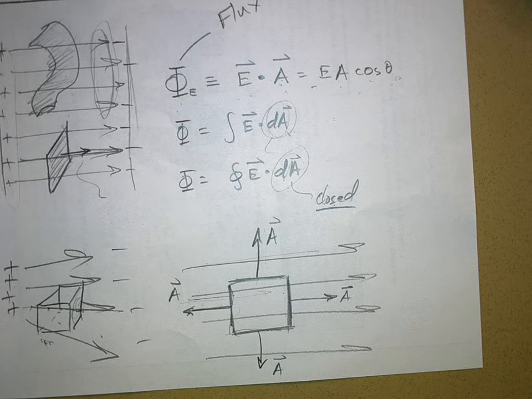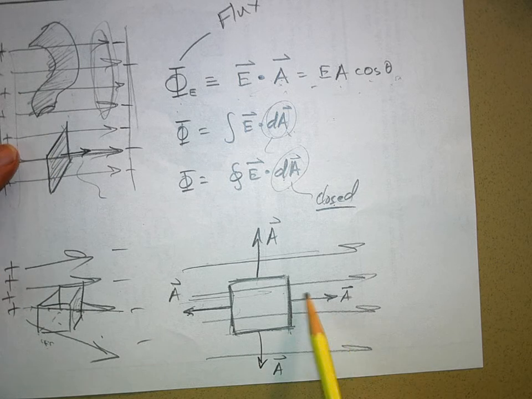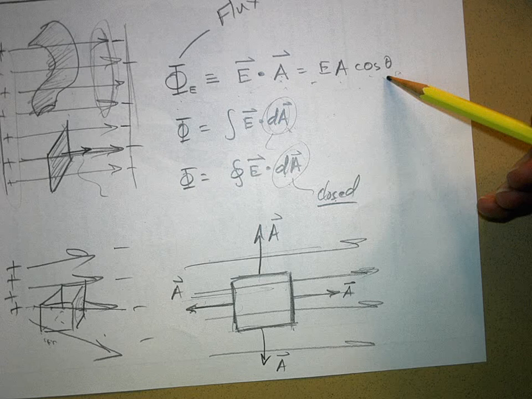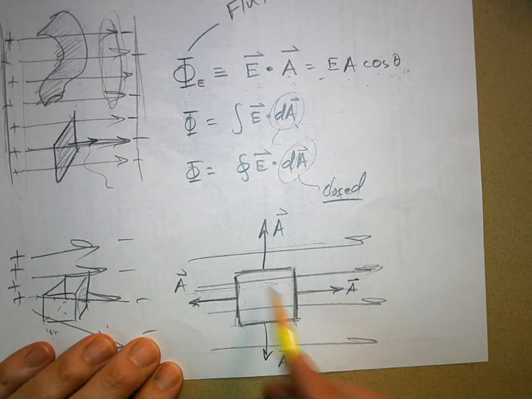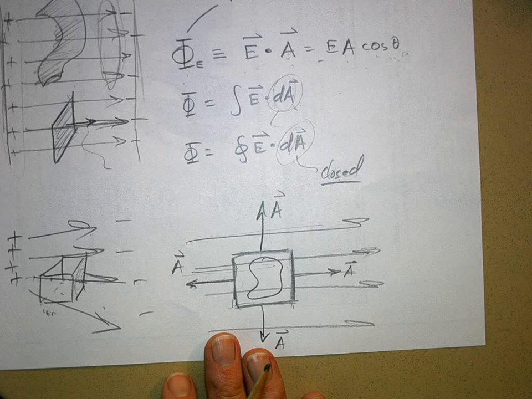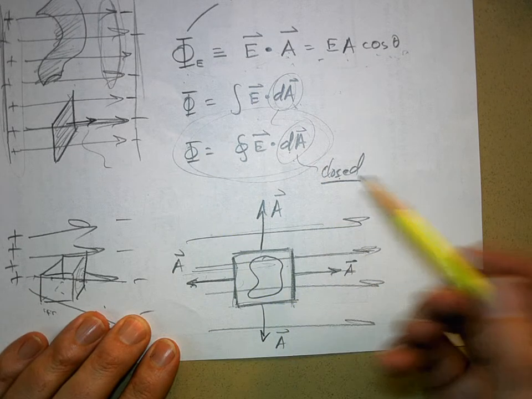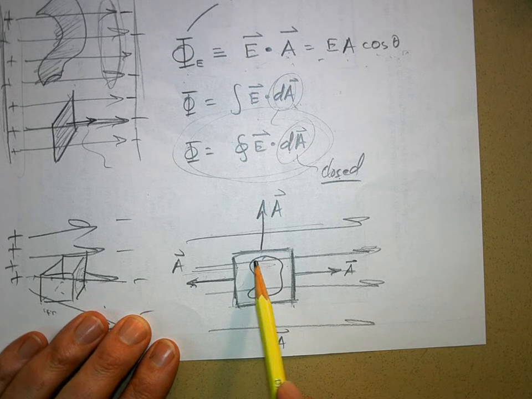And then on this side, where it's coming out, the area vector and the electric field vector are in the same direction, 0 degrees. So it's positive flux. It's easy to see here, but it can be shown for any shape. I could put a blobby amoeba in there, and if I do this for a closed surface, I'm going to get 0, because there's just as much flux going in as there is coming out.